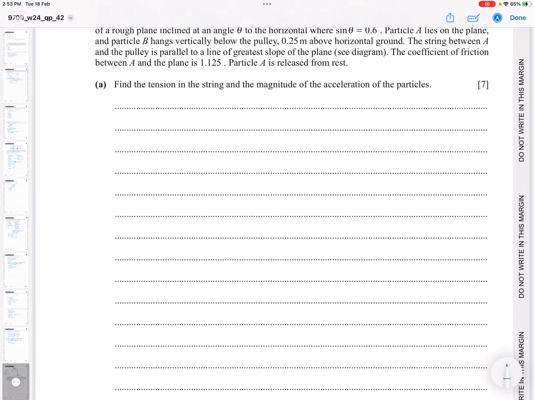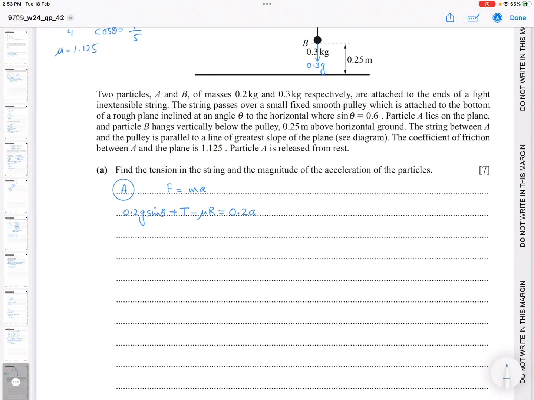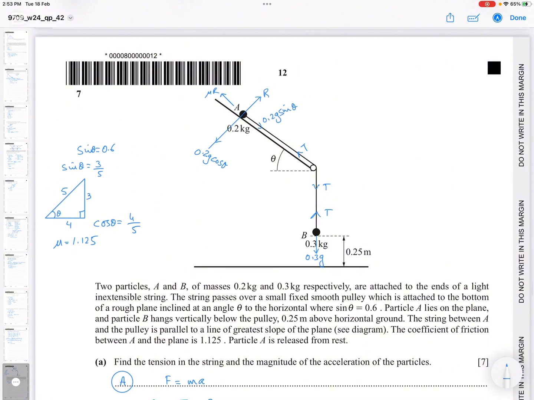Use forces at A. So F is equal to ma. The forces at A is 0.2 g sine theta plus T minus mu R, and that is equal to 0.2 ma.